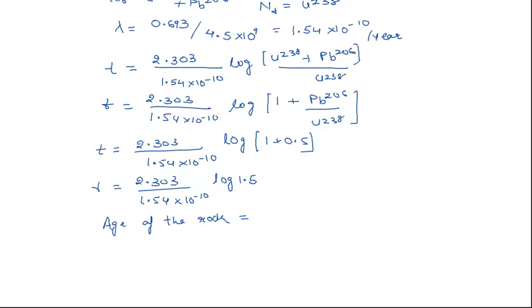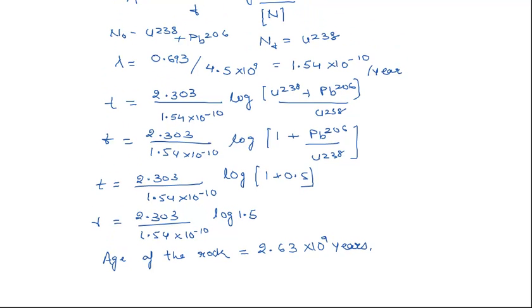That comes out to be 2.69 × 10^9 years. This is 2.63 actually × 10^9 years. So what is the age of the rock, students? 2.63 × 10^9 years.